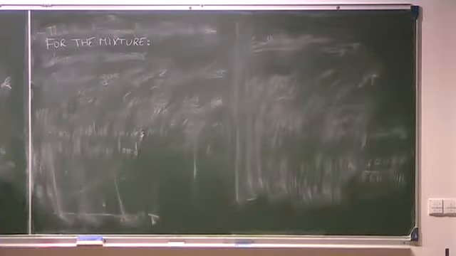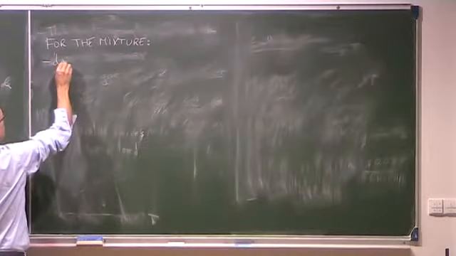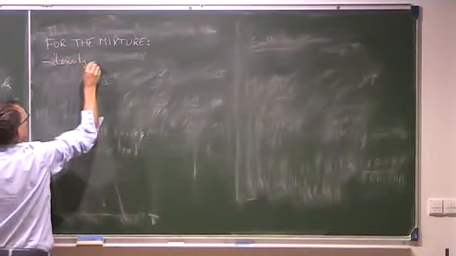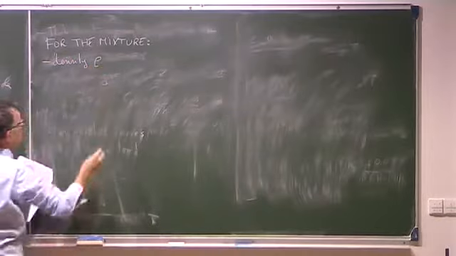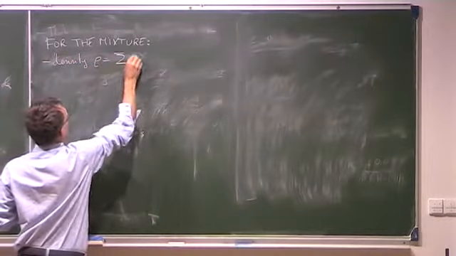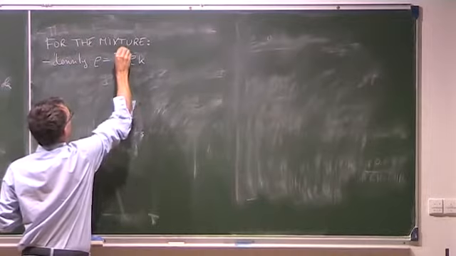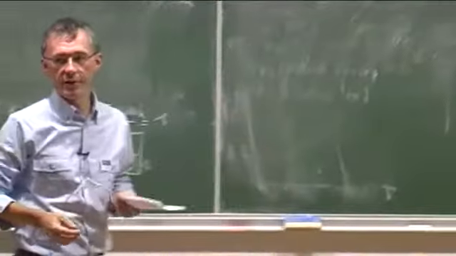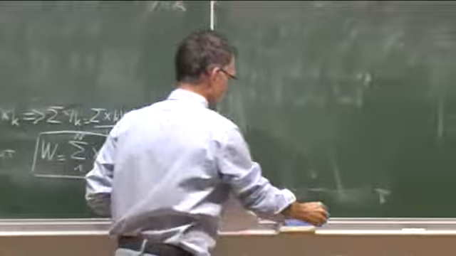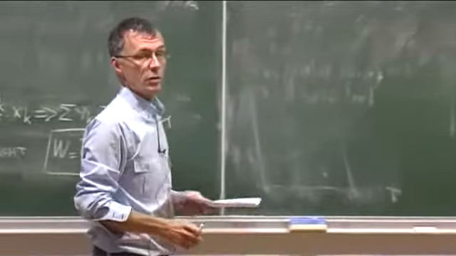Now, in the mixture, the density will have only one density, of course, rho. It's equal to the sum of all the densities. So you sum all the partial densities, which gives you the total density.